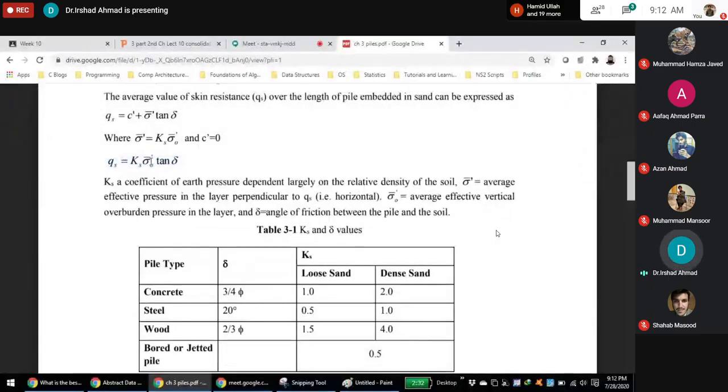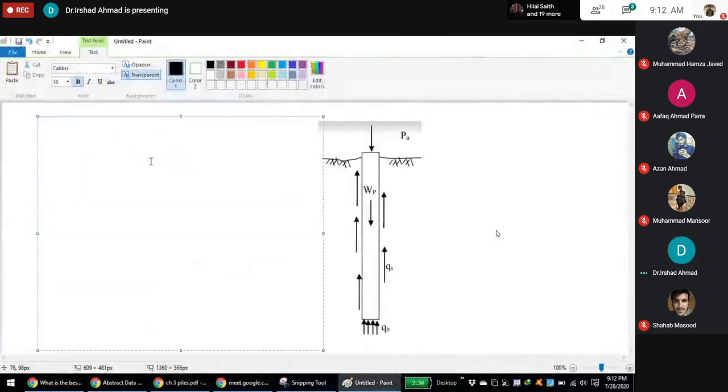So you got two equations for sand. One is QB, which is equal to sigma naught prime at the base, effective vertical stress at the base of the pile, into NQ, and you got QS, which is K into average vertical effective stress into tangent delta.